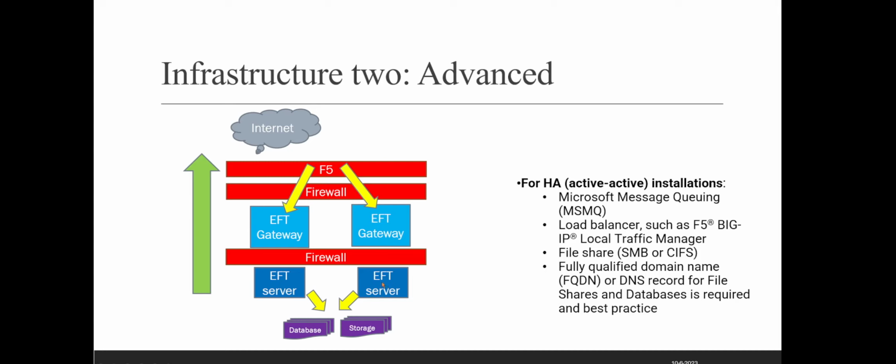If you wish to use an AFT server like this with multiple machines at the same time, then you need to think about having an external database and external storage, because the AFT servers will both try to write to it. So it cannot be local storage or a local database anymore, because if it's running locally, then the other server cannot reach it. So it needs to be separated.